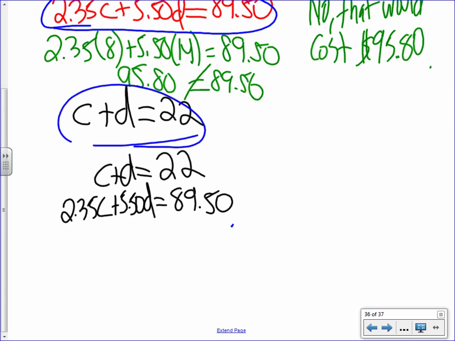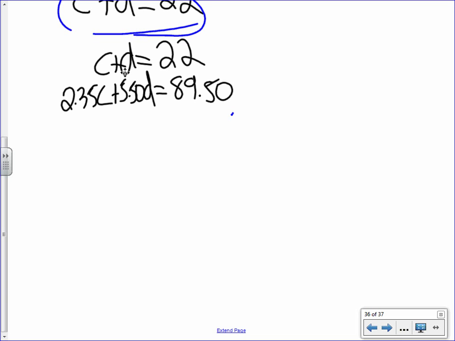To solve a system of equations, I need to multiply each equation by the other one's coefficient. So pick a variable to cancel. I'm going to pick D. If I want the D's to cancel, I multiply this equation by 1, this one by 5.50, and because they're both positive, I make one of them negative.